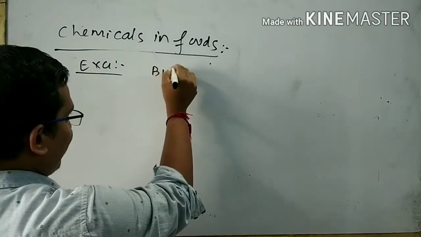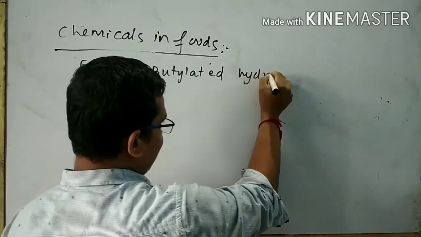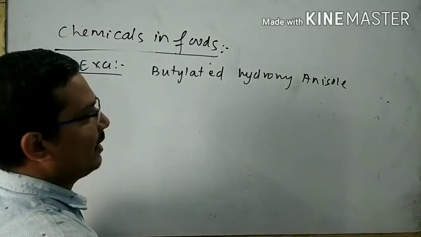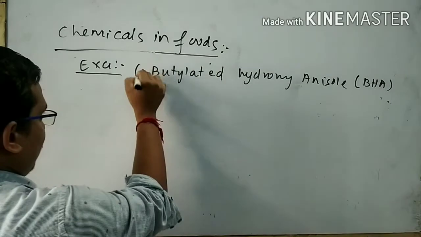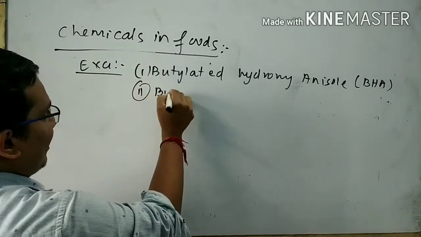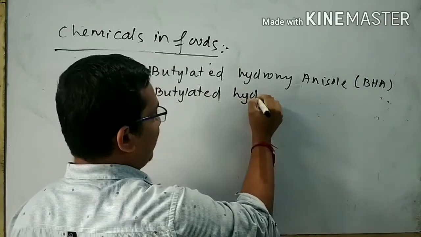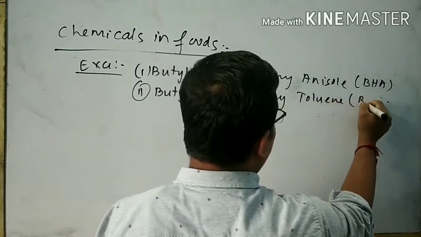There are many examples of antioxidant food preservative. Number one is your butylated hydroxyanisole, shortly represented as BHA. Next is your butylated hydroxytoluene, shortly represented as BHT.